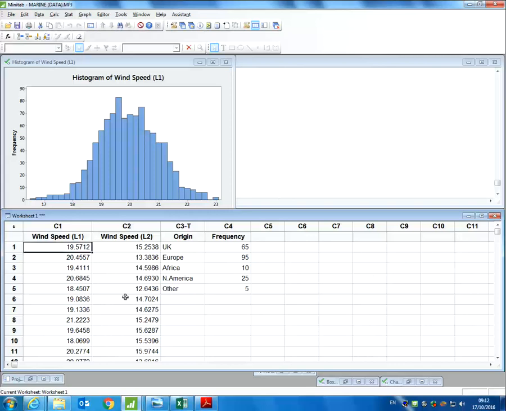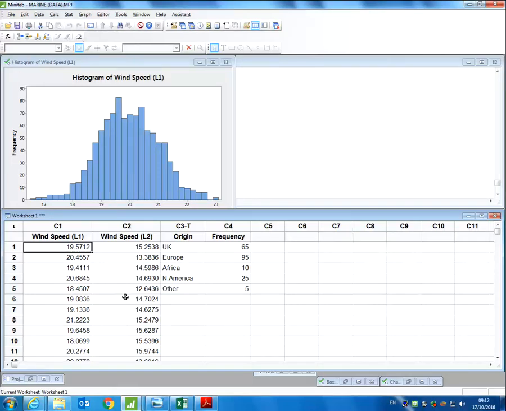The first wind speed is 19.5712 miles per hour. Okay? So think to yourself, will that exact wind speed have occurred again? It's possible, but theoretically, how many decimal places can you measure to?